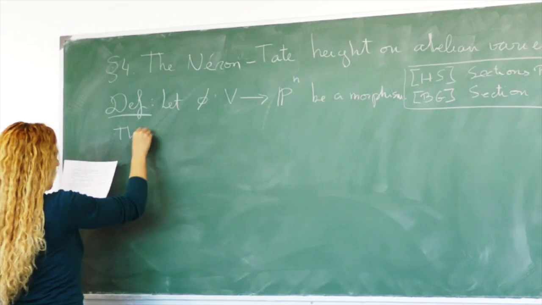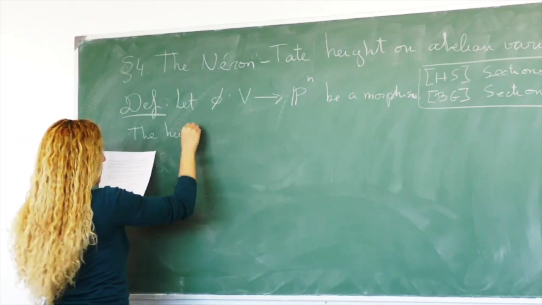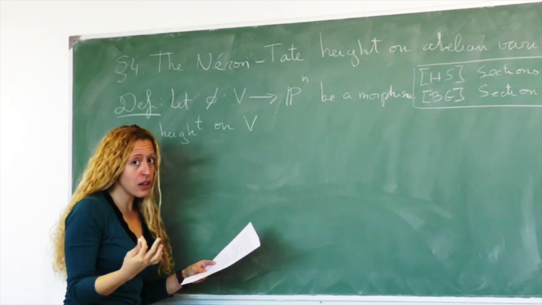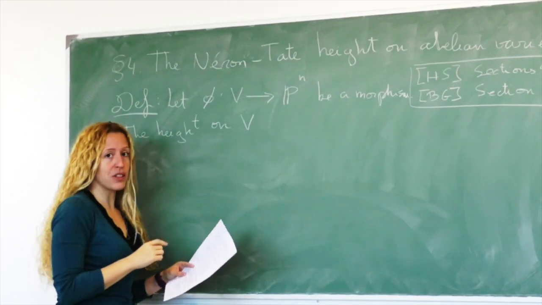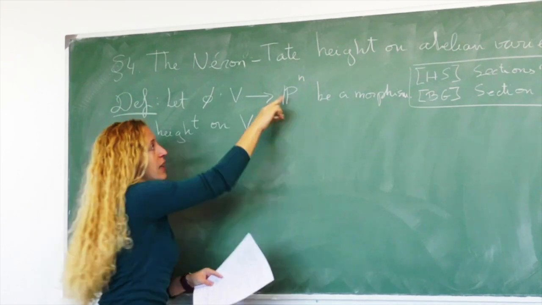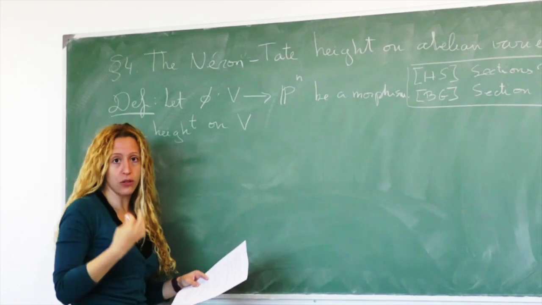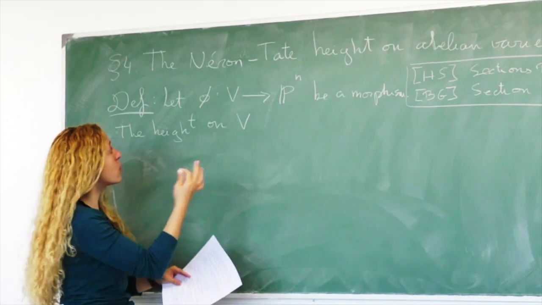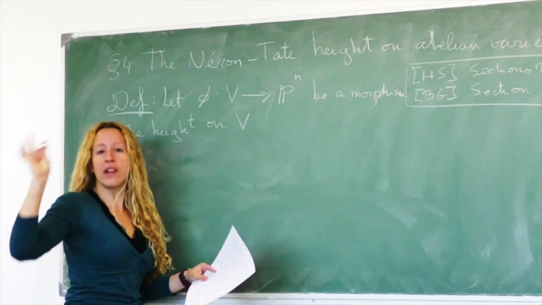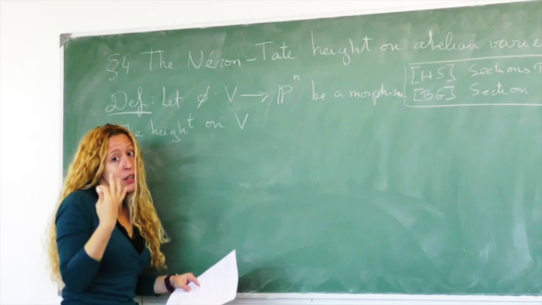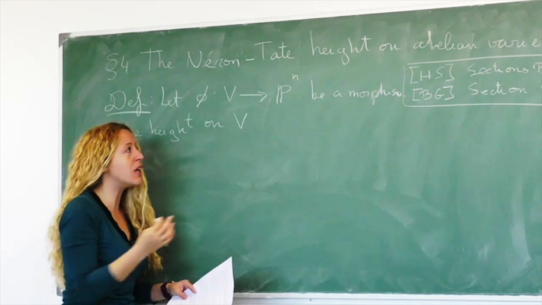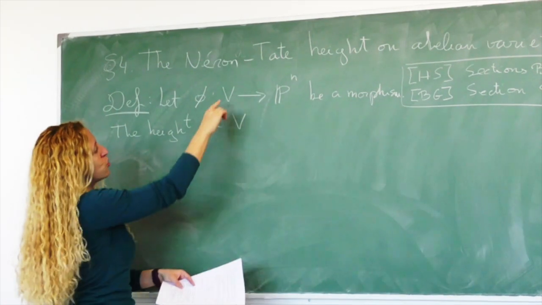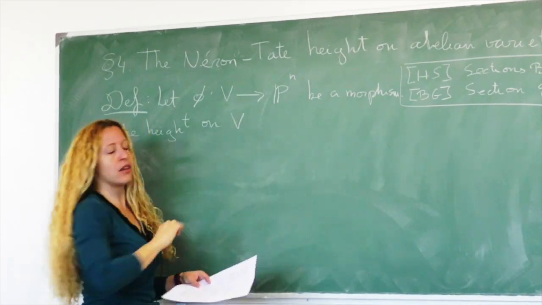We are going to define the height on the variety V by using this morphism, because we now know how to define the height on a projective space. That was lecture 2. We are going to use that definition to define a height now on any variety. But the ingredient that we need to be able to do that is a morphism. Somehow we need to be able to see our variety inside Pn.